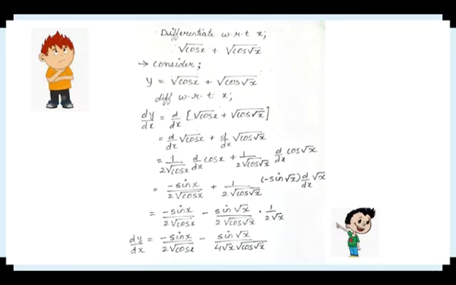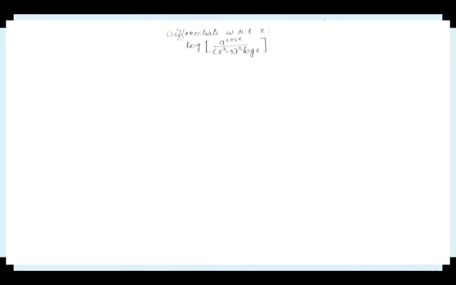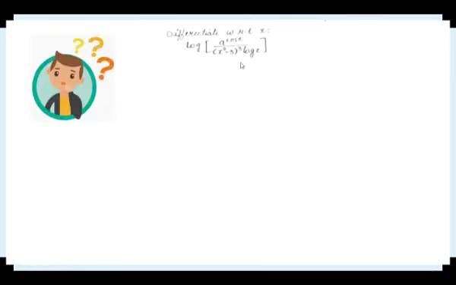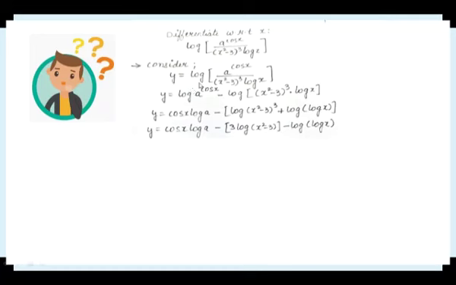We'll move ahead. Next example, differentiate log of a raised to cos x upon x square minus 3 whole cube log x. So over here, what we can do? First of all, we'll consider the given function and we have to apply the log rules. So let's see. y equal to log of a raised to cos x upon x square minus 3 whole cube log x.